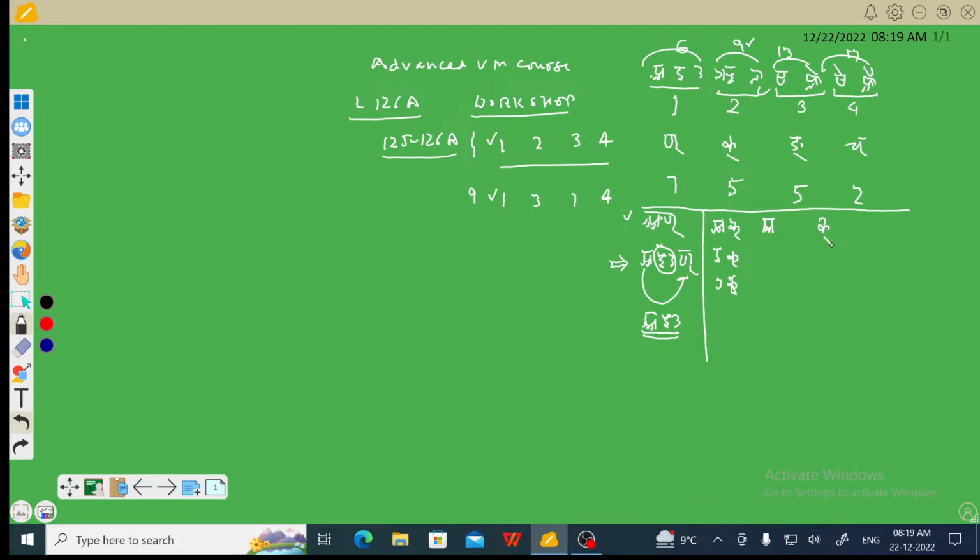So this coverage starting from A to Ka is a coverage for 5 letters, and E to Ka is coverage for 4 letters, and U to Ka will be coverage for 3 letters. So these 3 Pratyaharas are respectively of 5 letters coverage, 4 letters coverage, and 3 letters coverage.